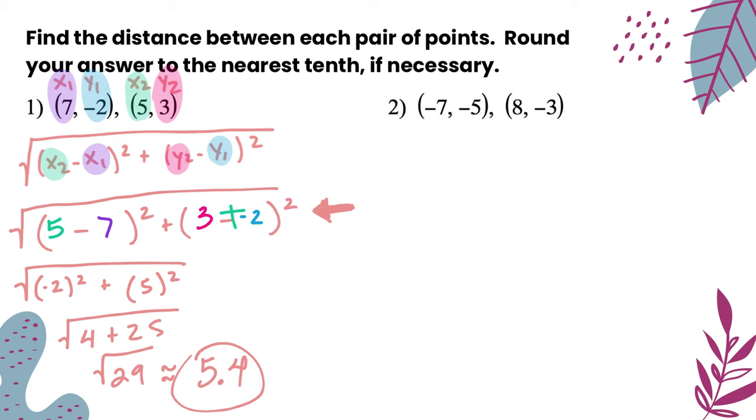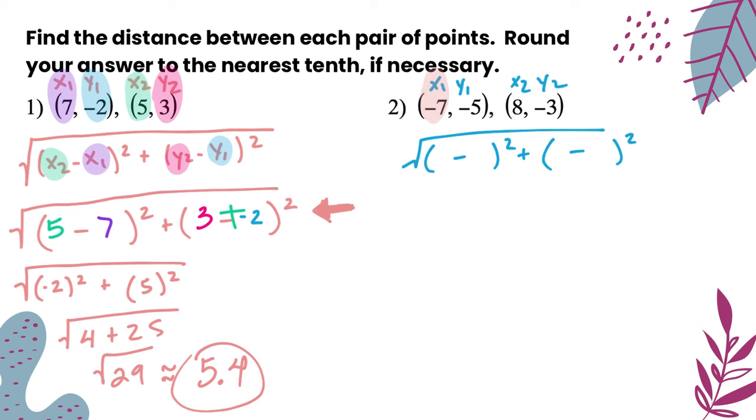So let's do the same thing one more time. You're going to take that formula and make sure that you do not miss out on those subtractions. And we're going to assign the numbers. So I've got x1, y1, x2, y2.